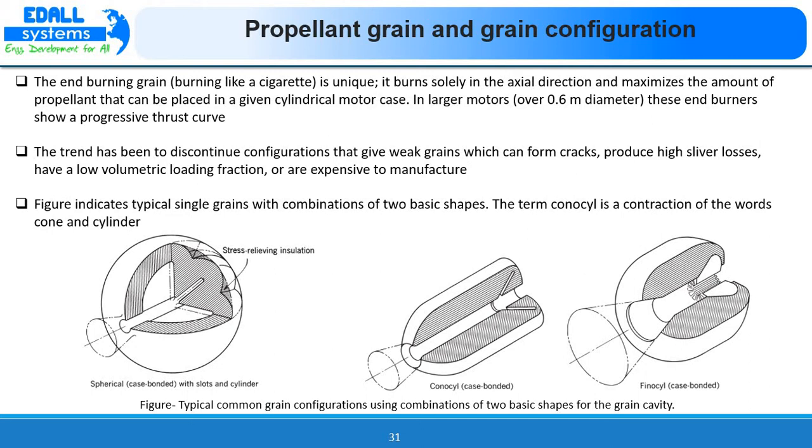So the current designs concentrate on relatively few configurations. The figure indicates typically single grains with a combination of two basic shapes. The term conical is the contraction of the words cone and cylinder. So here we can see three different types of configurations for the grain which are used in today's designs.